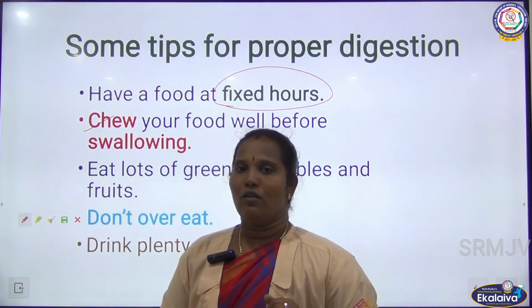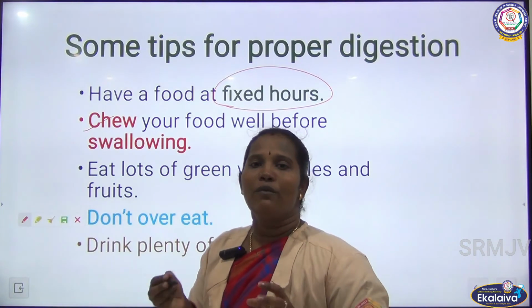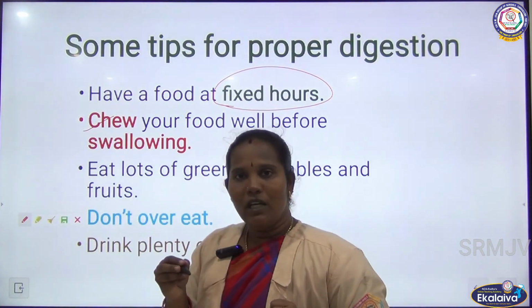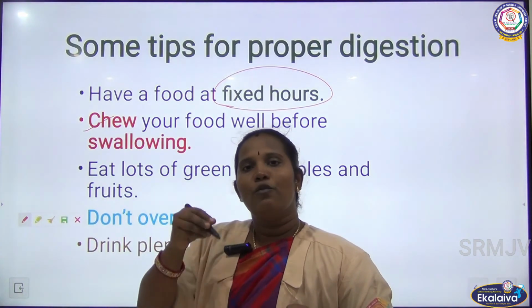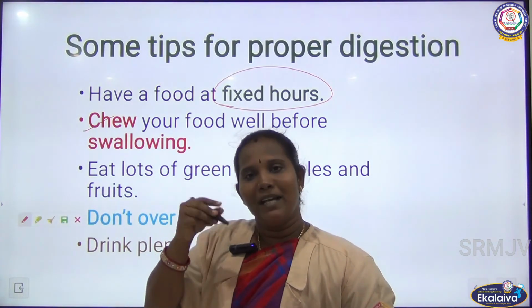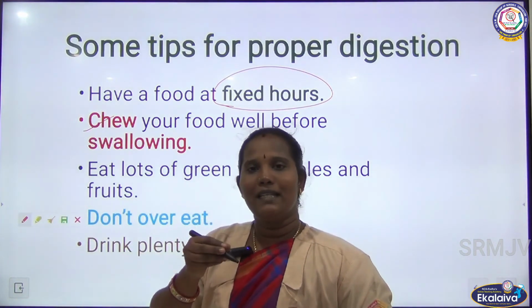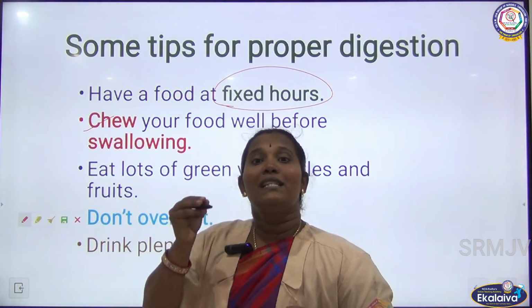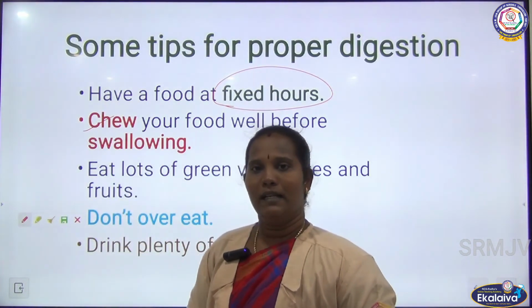So we should chew the food before swallowing. If we chew, the salivary gland continuously secretes saliva, the complex food particles are converted into a simpler form, and the saliva helps to digest the carbohydrates. All these processes will stop if we do not chew the food properly, isn't it?